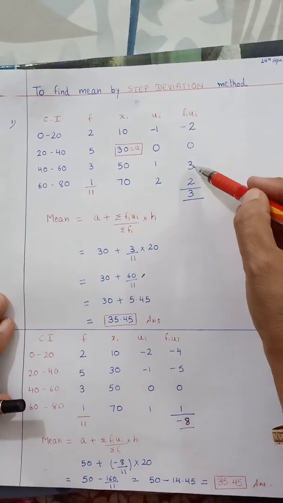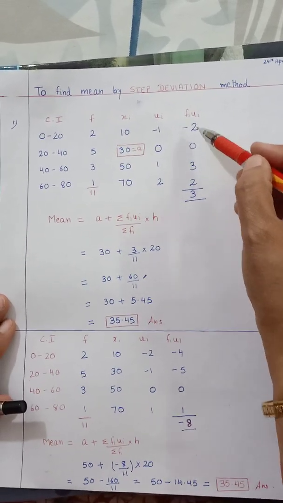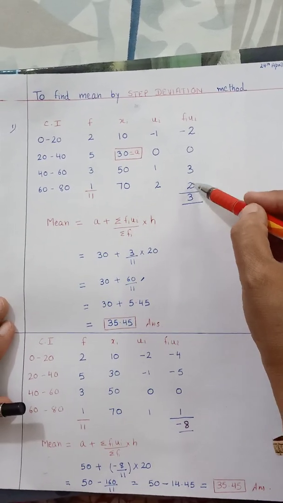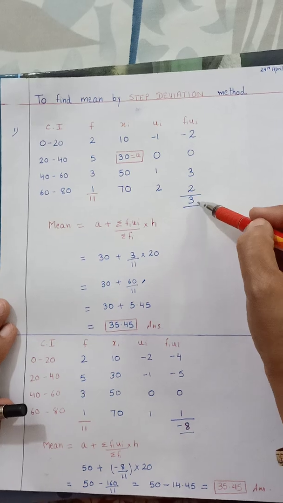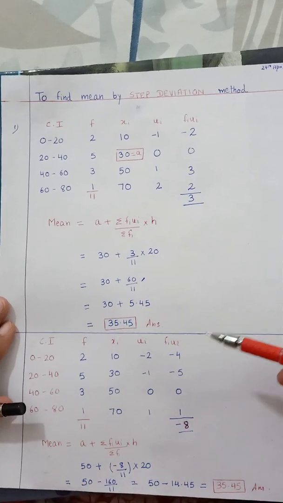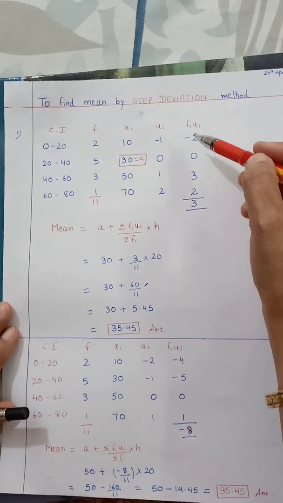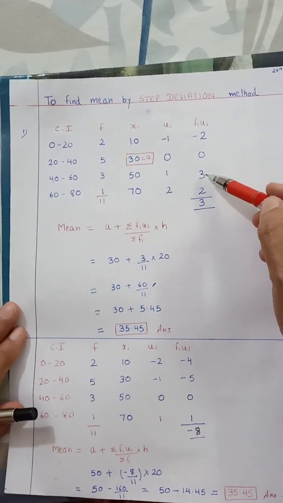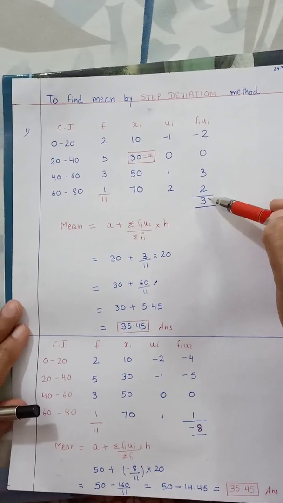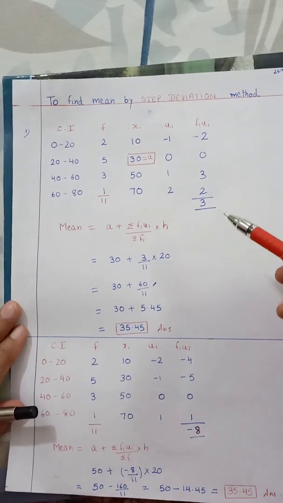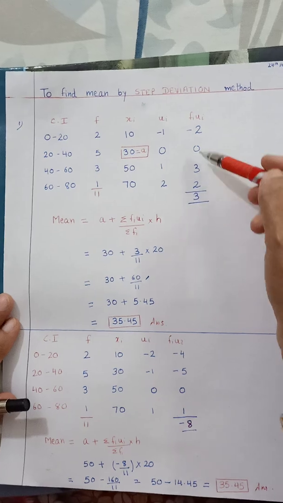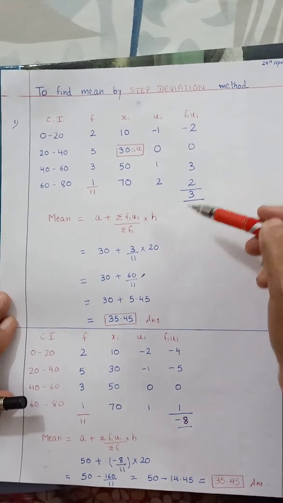Adding means I have to add positive numbers separately, negative numbers separately, and then add these two. So 5 minus 2 is 3. You can also solve it this way: the -2 and +2 get cancelled and we are left with 3. It's your choice how to solve it. The main thing is you have to add all these numbers, and on adding we get 3.